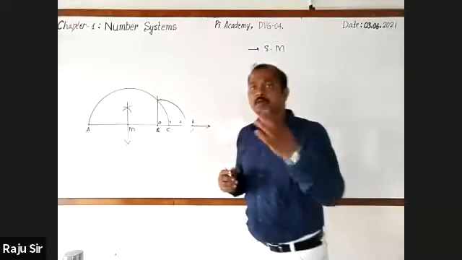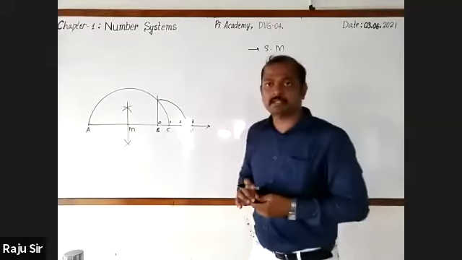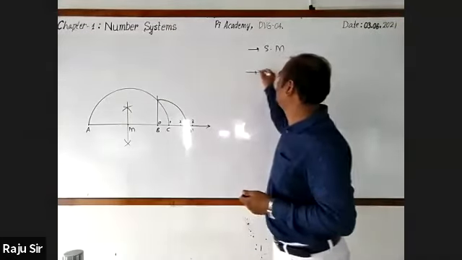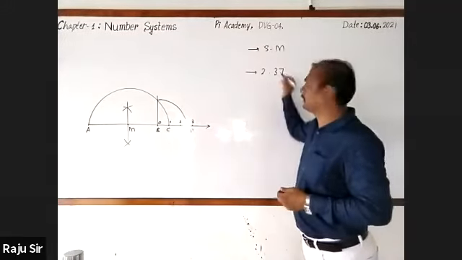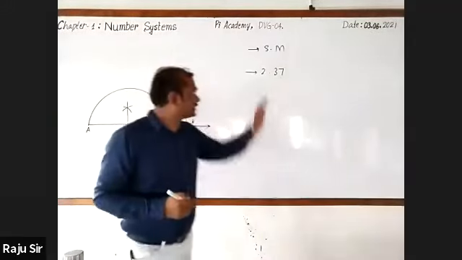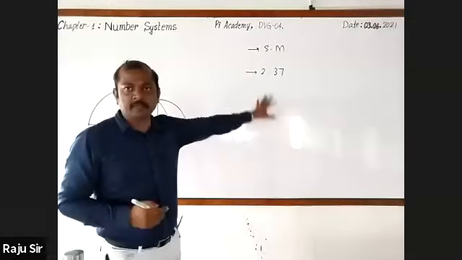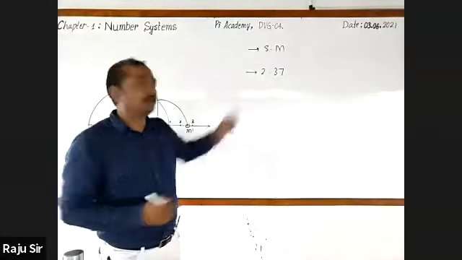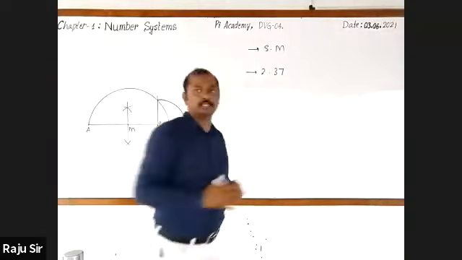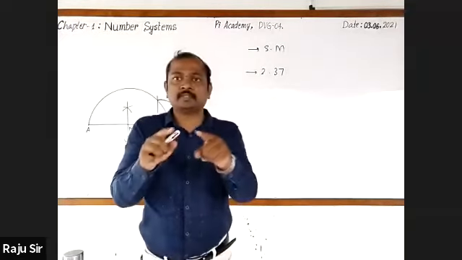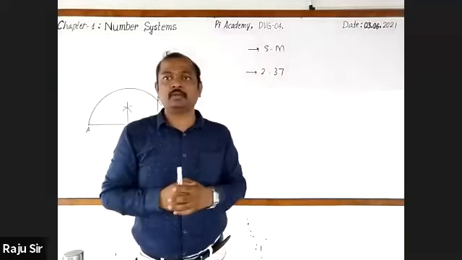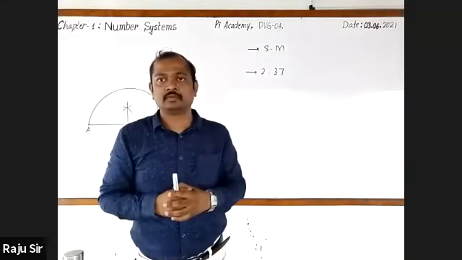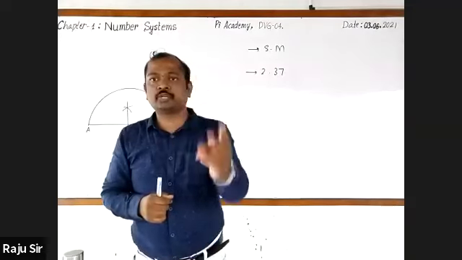Suppose first I take a terminating decimal expansion, call it 2.37. In the decimal, it is a terminating decimal expansion. In the decimal part, we have 2 digits. To represent this on the number line, how many number lines should be drawn? 1, 2, 3, or 4.